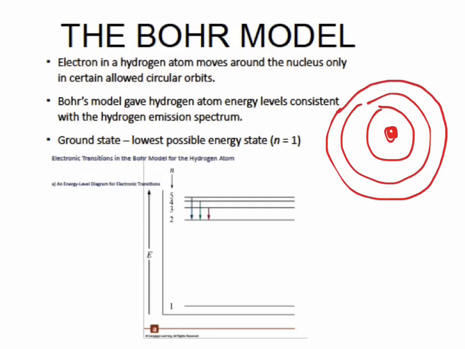So what he said is when we gain and lose energy, going from here to here, we would be gaining energy, whereas if we're going from here to here, we are losing energy, falling back down to the ground state.